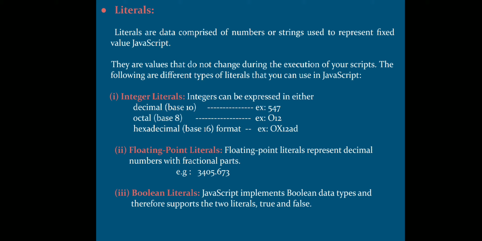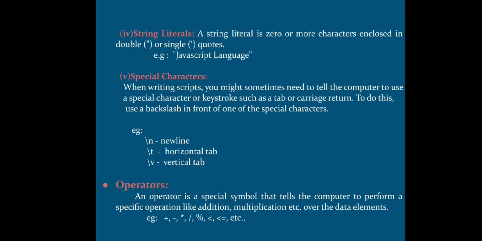The value of the constant will not change during the program execution. You can see here there are 5 types of literals available in JavaScript. First one is integer literals, second one is floating point literals, third one is boolean literals, fourth one is string literals, and fifth one is special characters.